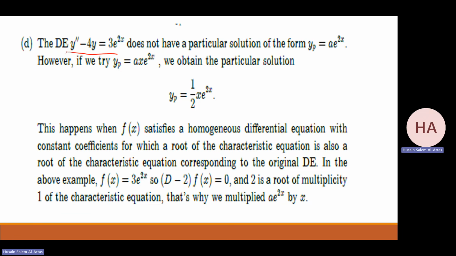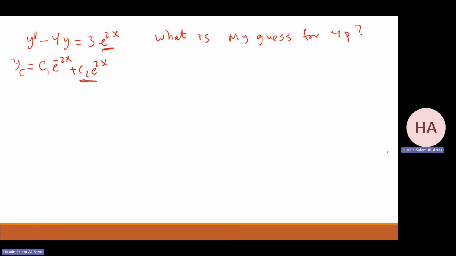This happens when f of x satisfies a homogeneous differential equation of which a root of the characteristic equation is also a root of the characteristic equation corresponding to the original differential equation. That will make a problem. That we call the case of duplication.